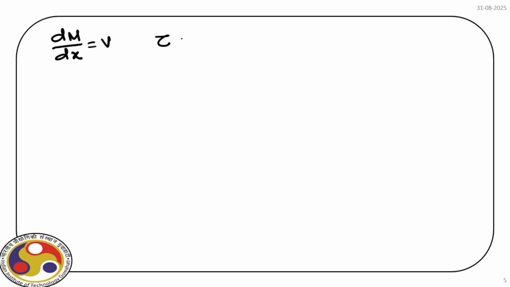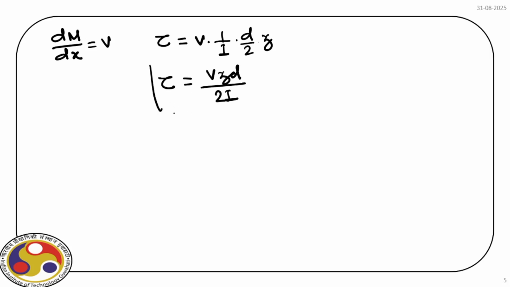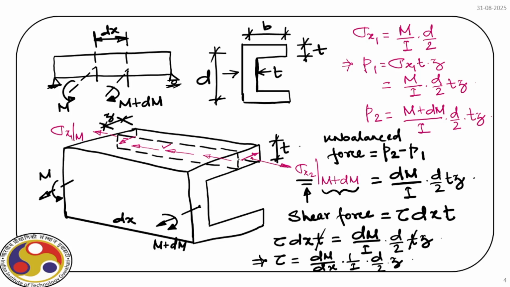So therefore we get tau is equal to V times 1 by I times d by 2 times z. So we have V z d divided by twice I. So that's the shear stress acting over this cross section.